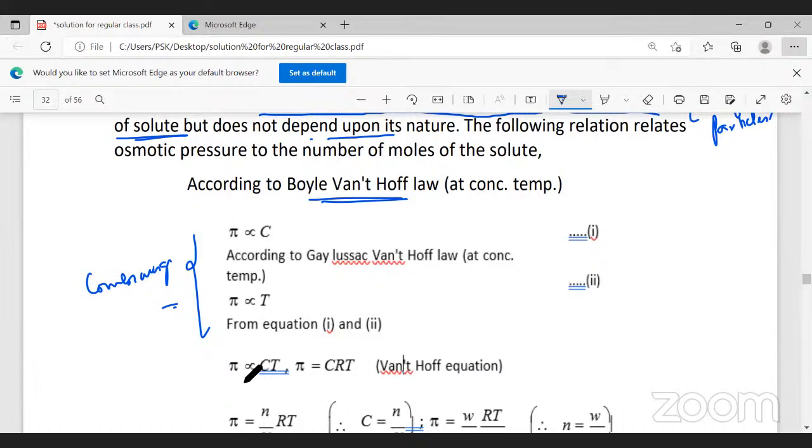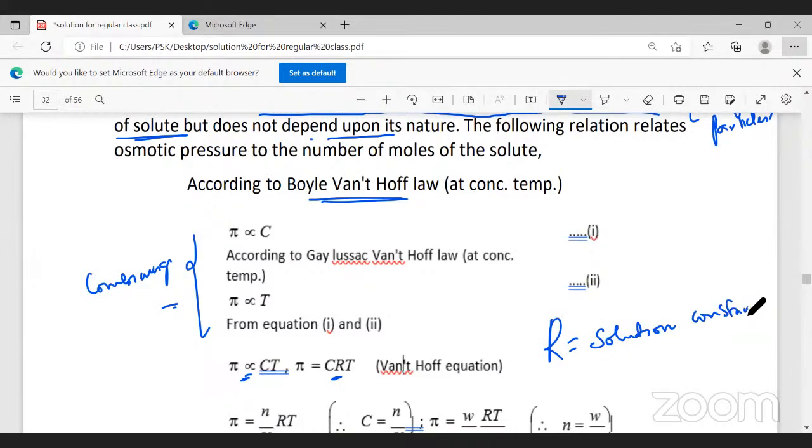Now, if we remove the proportionality sign, we give a proportionality constant R. What is this R? This R is not the universal gas constant. It is called the solution constant in this chapter.